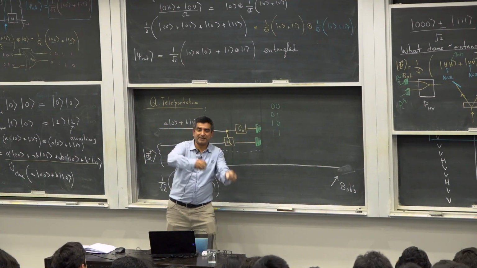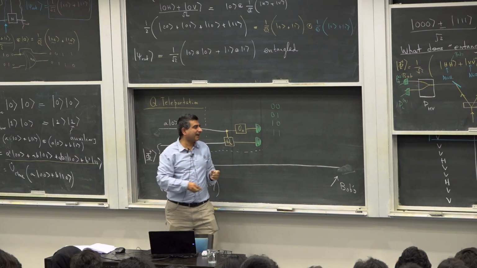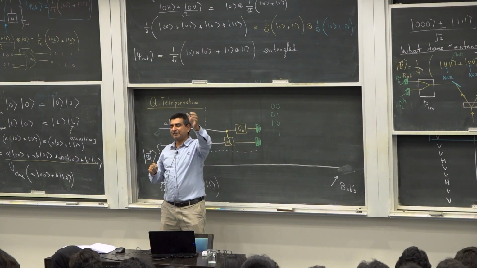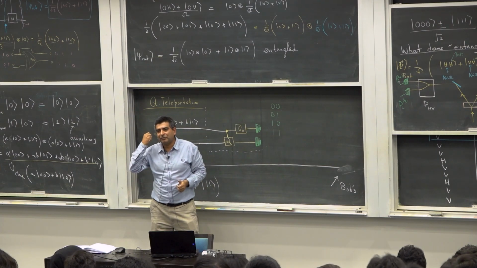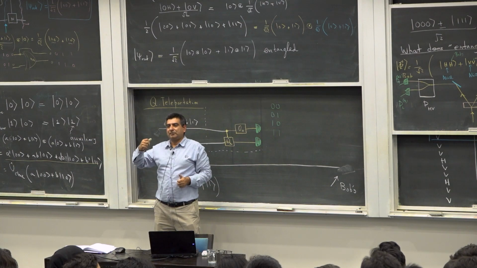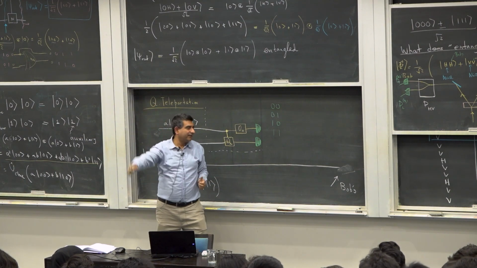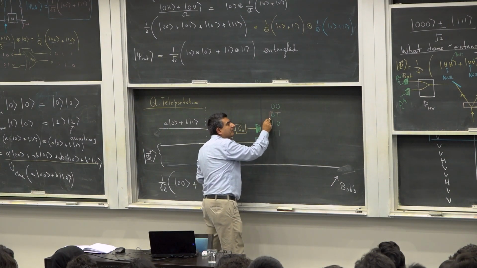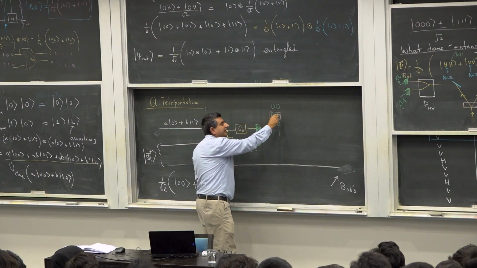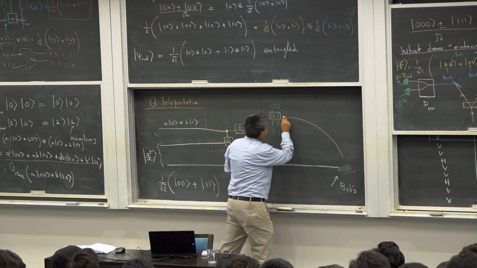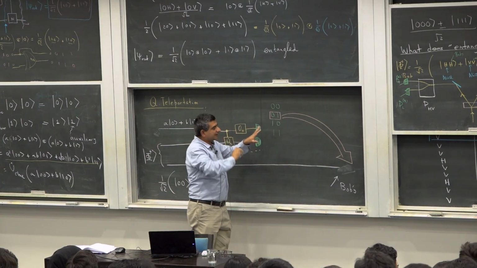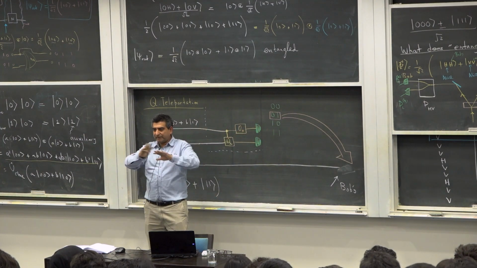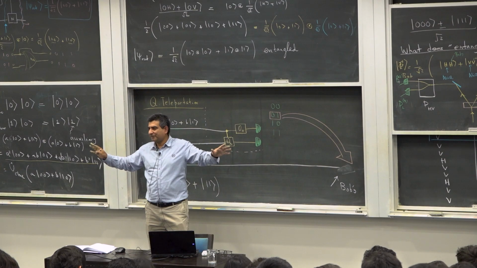Qubit becomes a bit. Now she does a classical communication to Bob. She does a phone call or a WhatsApp message or a satellite link. She sends her outcome, no matter what her outcome is, to Bob through a classical channel. So this is a classical channel, not quantum, nothing quantum about it.